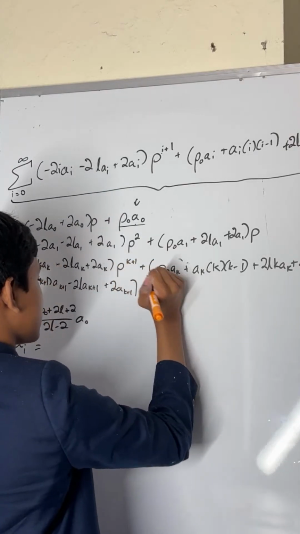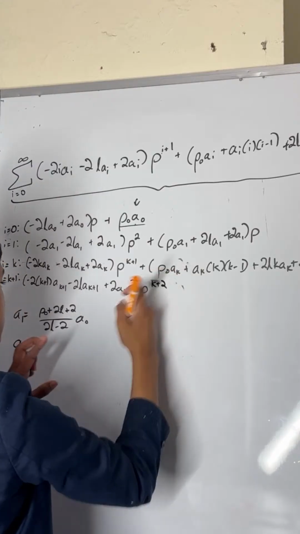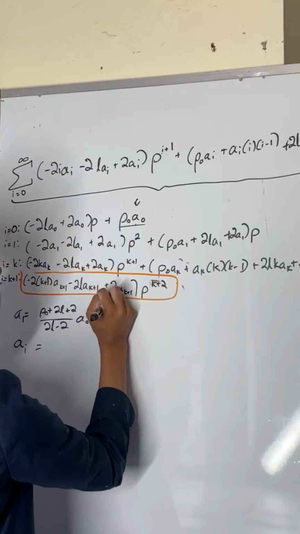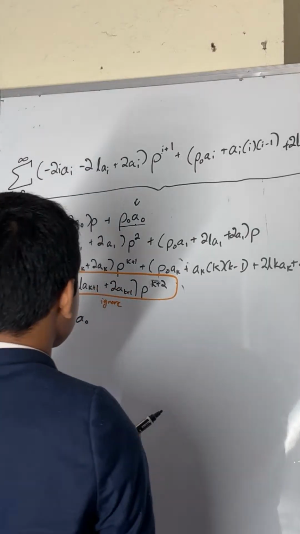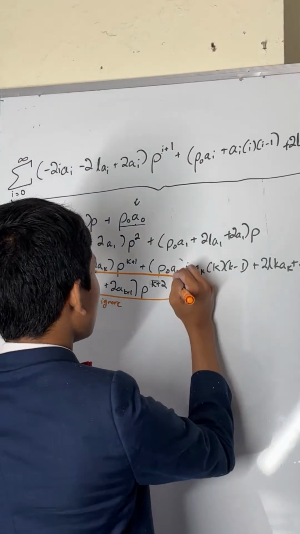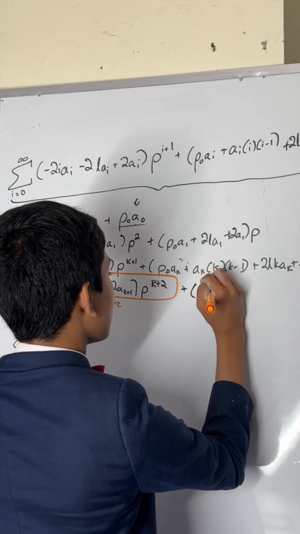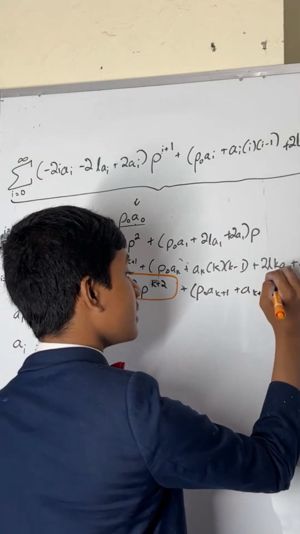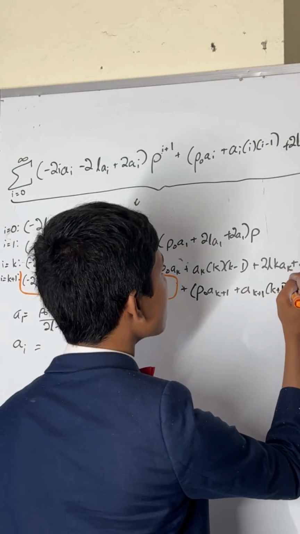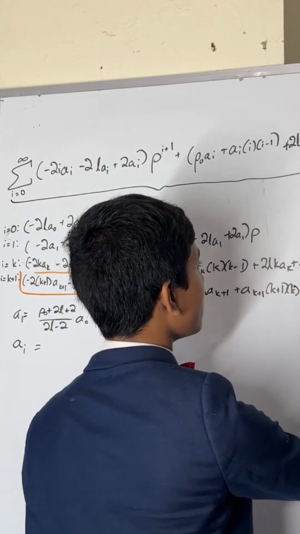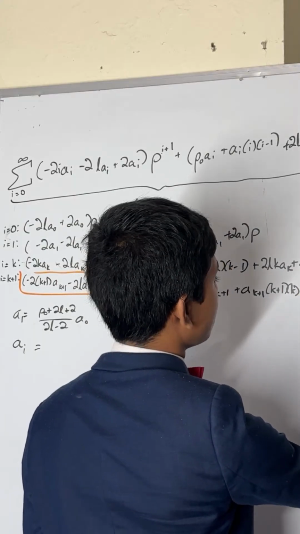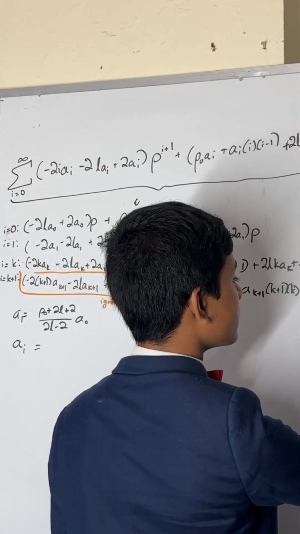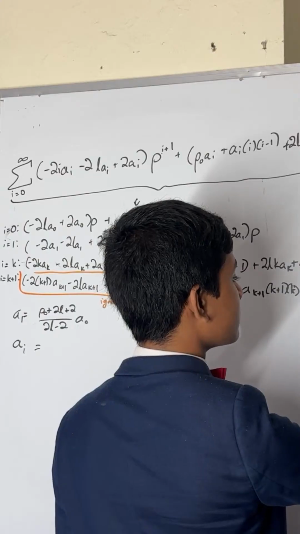We actually ignore this term, so ignore, plus rho naught a(k plus 1) plus a(k plus 1)(k plus 1)(k plus 2l)(k plus 1) a(k plus 1) plus 2(k plus 1) a(k plus 1) rho to the k plus 1.